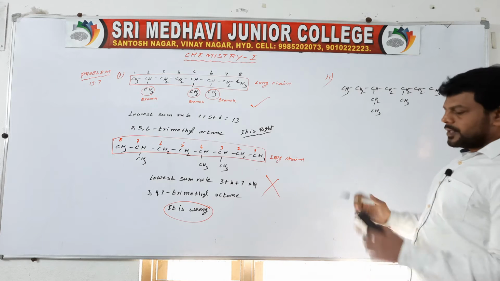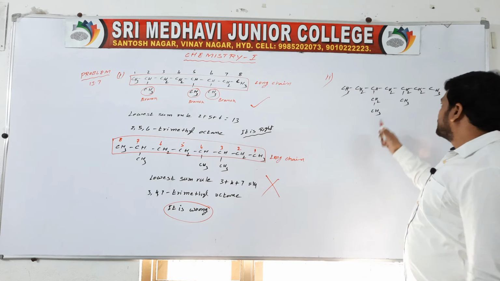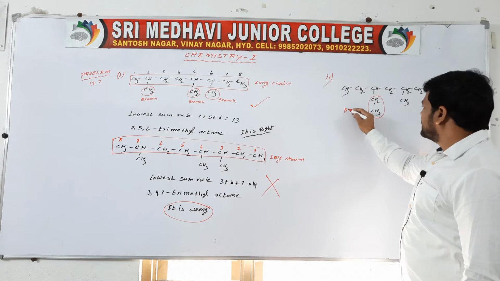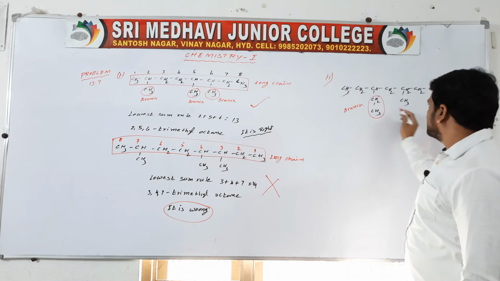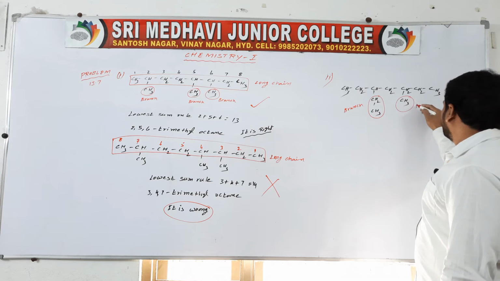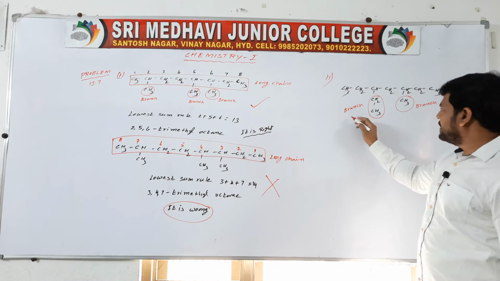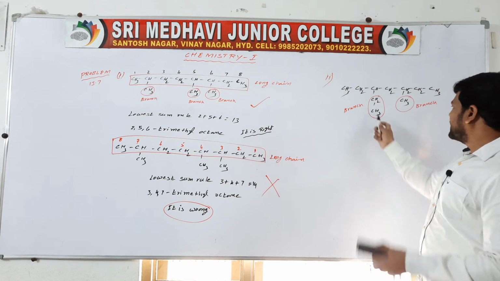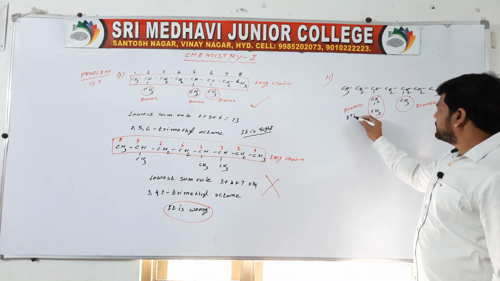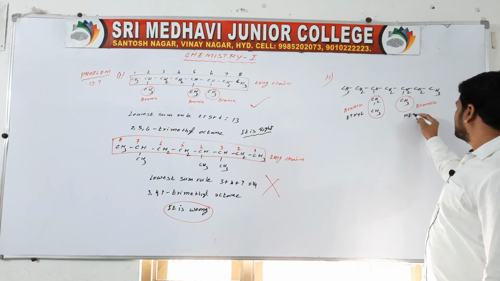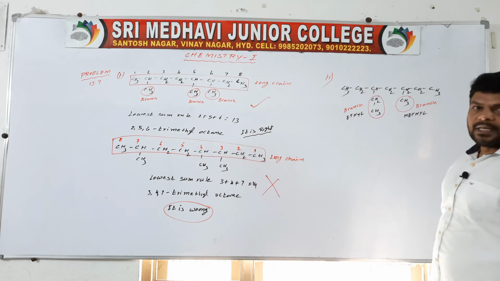Okay, so give numbering first. Here there is a branch, it is an ethyl group, and here it is a methyl group.